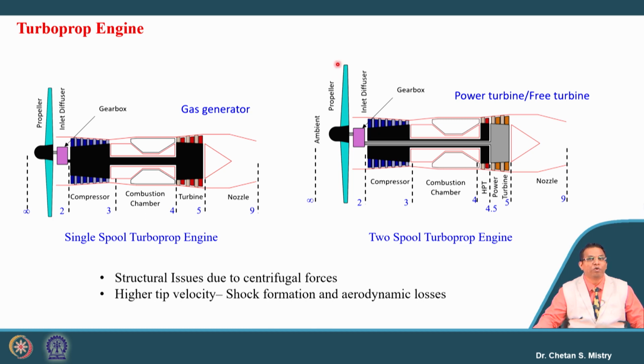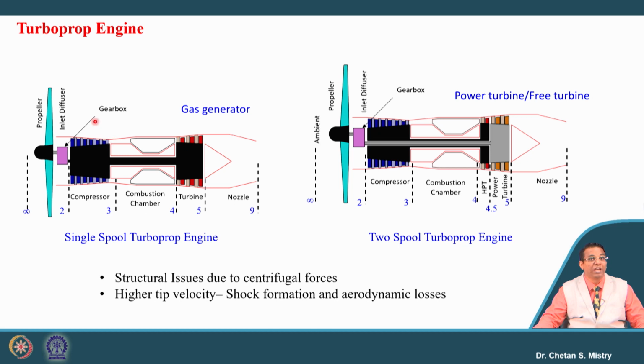Now here if you look, the question may arise in your mind, sir, what is the purpose of the gearbox? In both the cases, if you look carefully, we have the gearbox. So any guess for that? If you recall, we were discussing the turbofan engine, where we wanted our fan to be rotated at lower speed. The difference you can easily guess here. Be careful, this turboprop engine and turbofan engine are different.